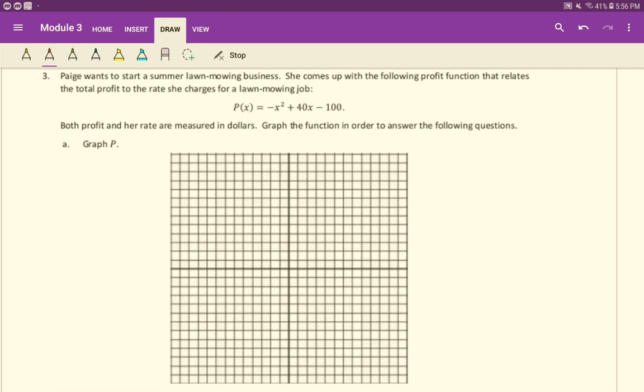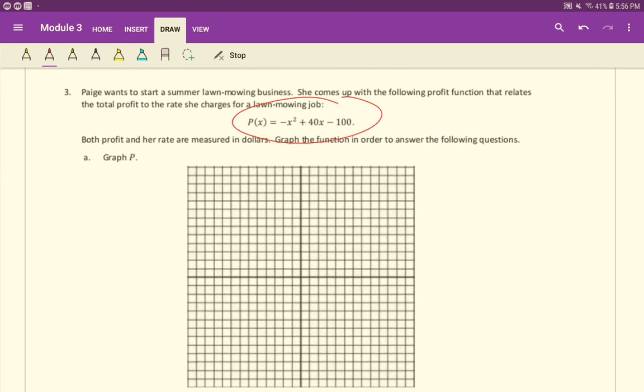Okay, so of course, since this is in standard form, we're going to go ahead and find that vertex first. So x equals negative b over 2a, right? In this case, it would be x equals negative 40 over 2 times negative 1, which simplifies to negative 40 over negative 2, positive 20.